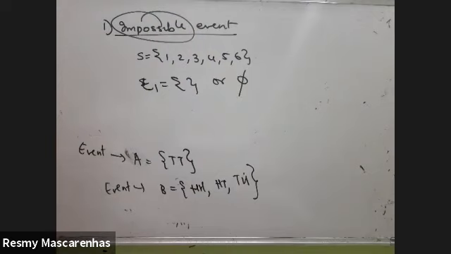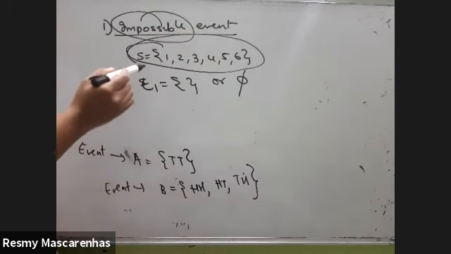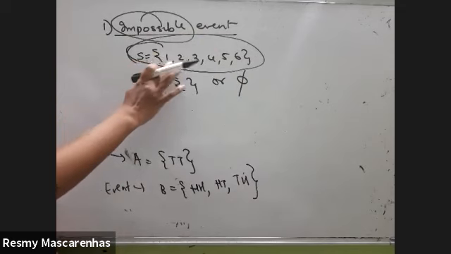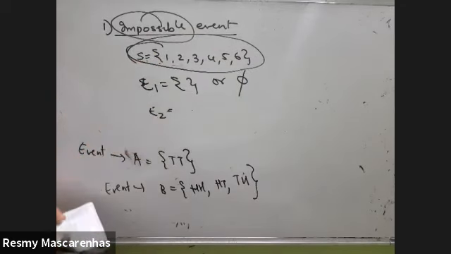Next, second one is a sure event. Sure event means it will be the whole sample space. Everything of the sample space will appear. There will be no element missed out. The experiment remains the same. I'm taking the same experiment, throwing of a die, and the sample space is this. Now let me consider E2.